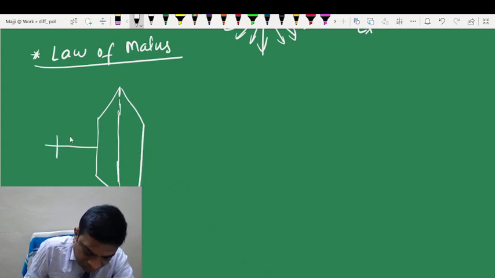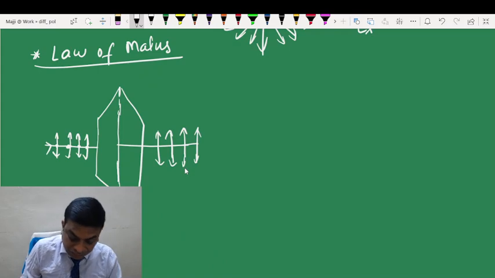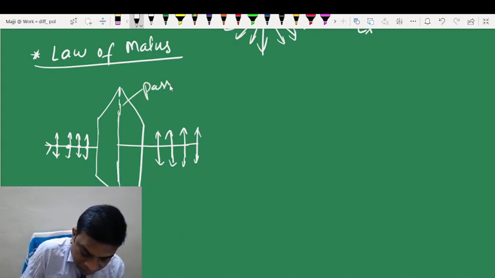Unpolarized light is made incident here. Unpolarized light will be represented by arrows and dots. So the emerging light is plane polarized light. Right? This is the pass axis. Now, we will call this the polarizer.